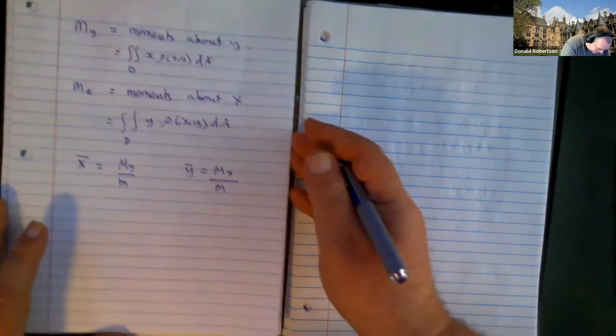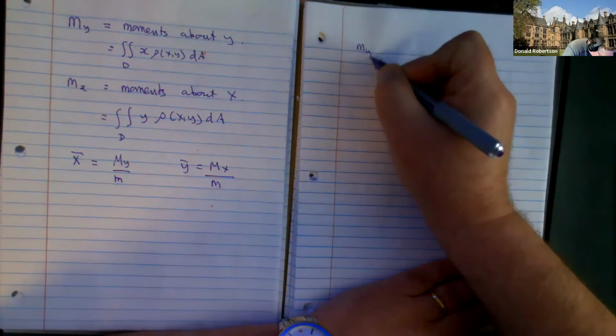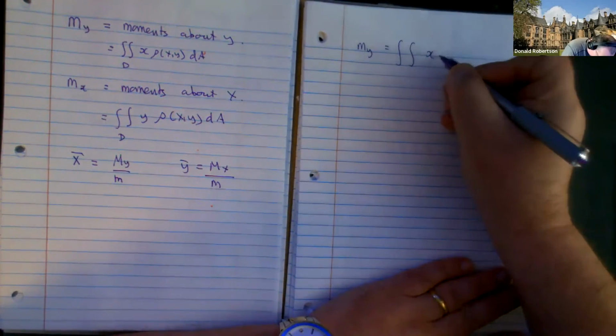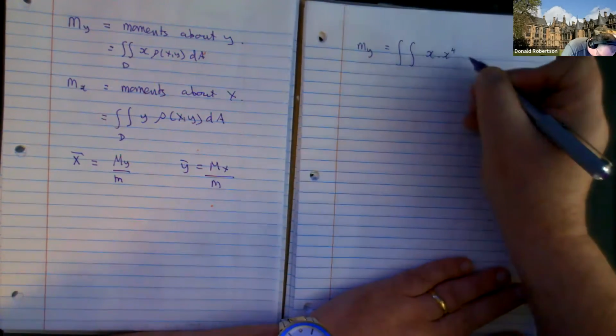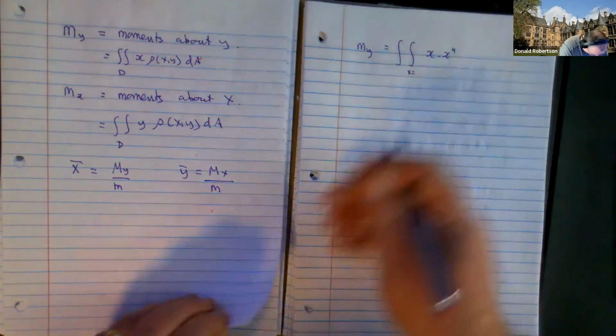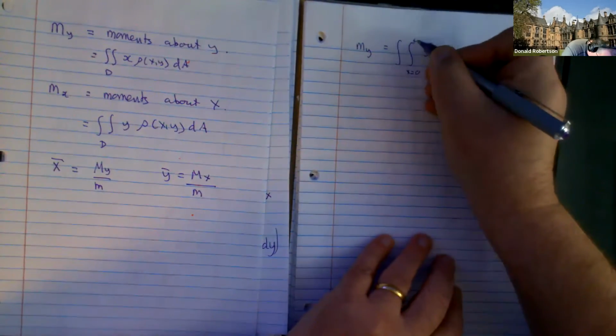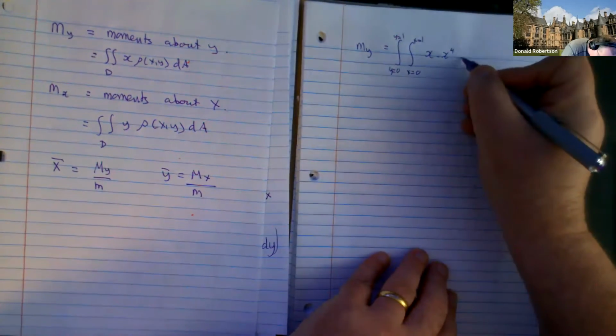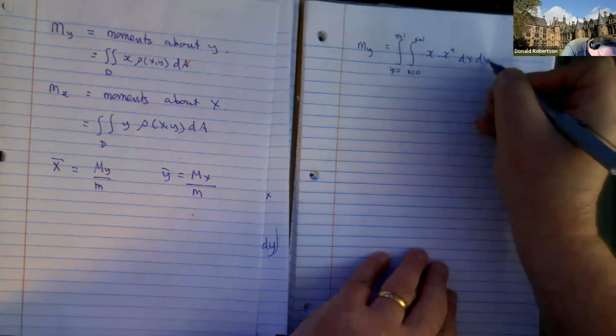Okay, let's get my. It's going to be the double integral of x times the density function. And we're going to do x equals, let's get these now. Oh, they're both 0 to 1, right? So x equals 0 to 1, y equals 0 to 1. I'm going to do the x's and then I'm going to do the y's.